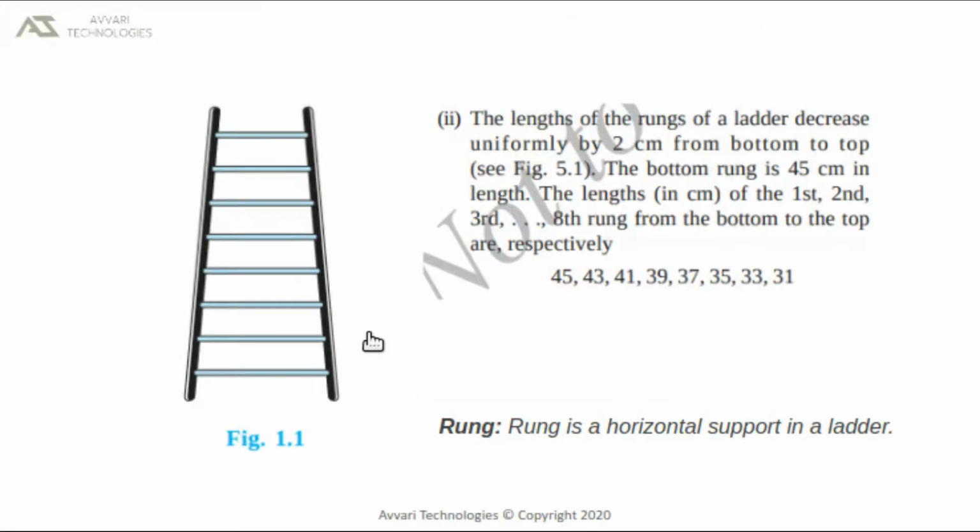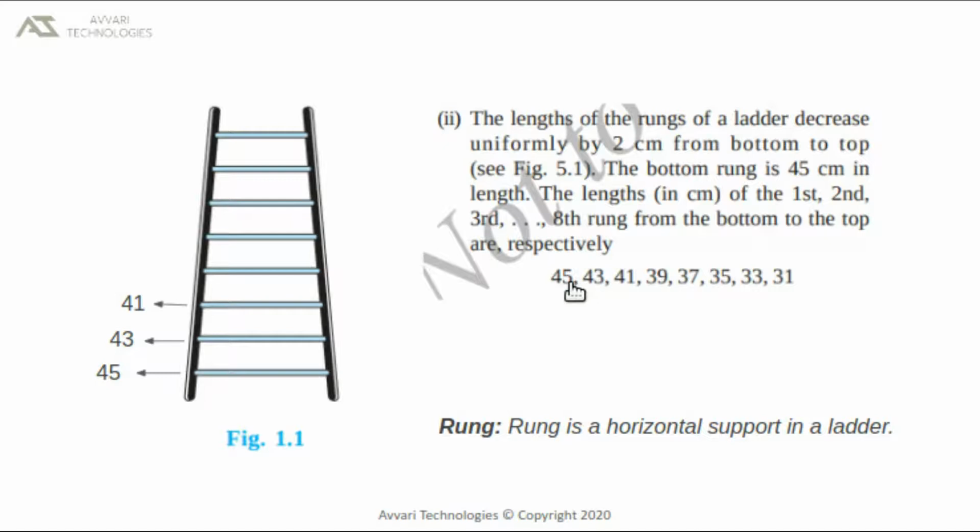Here we can see the first rung is 45 cm and the second rung is 43 cm. And the third rung is 41 cm. Here we can notice there is a pattern and there is a common difference of 2 cm between the consecutive rungs. Consecutive in the sense one after the other.